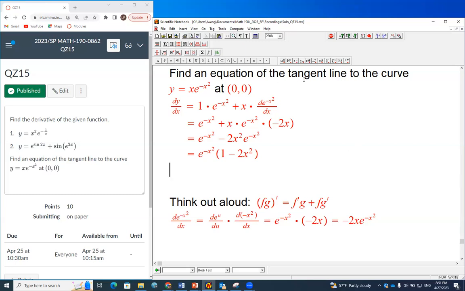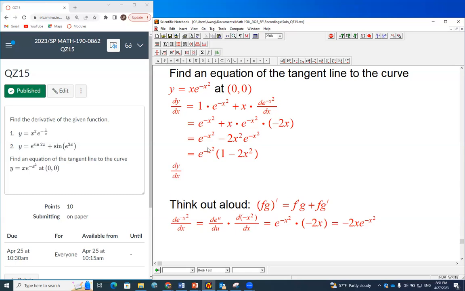So now we want to find the slope of the tangent line at this point. So we have the derivative here, right? To have x equals 0, which will give us the slope. Let me write it down slower. So x equals 0.